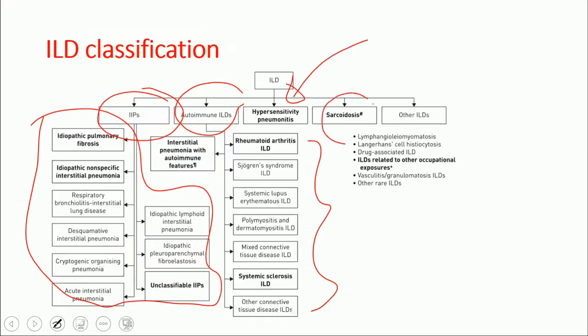Sarcoidosis is a granulomatous disorder that can cause ILDs. And there are a whole lot of drug-induced and other rare causes which nobody is really worried about. You don't need to know this, don't worry.